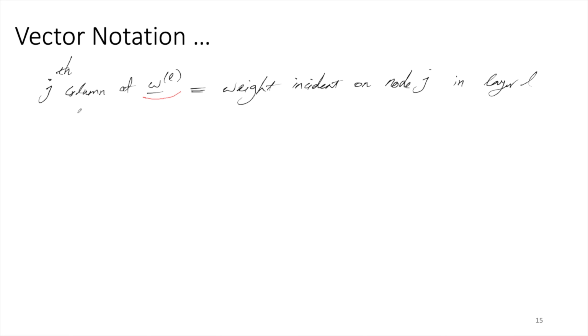In the J's column, actually. Thus, your node S, the vector S of L, can be represented as WL transpose times the inputs of the previous layer, right?